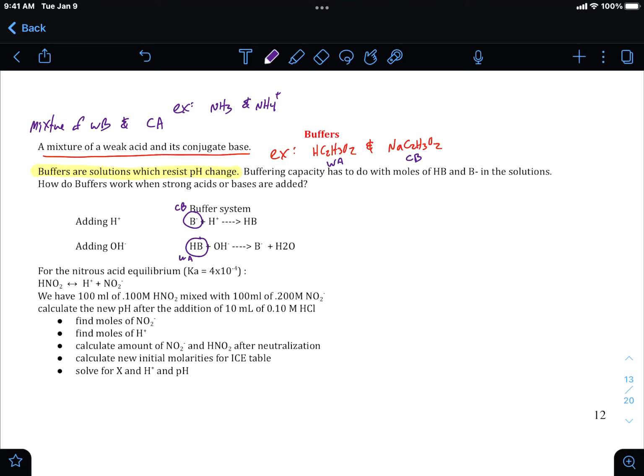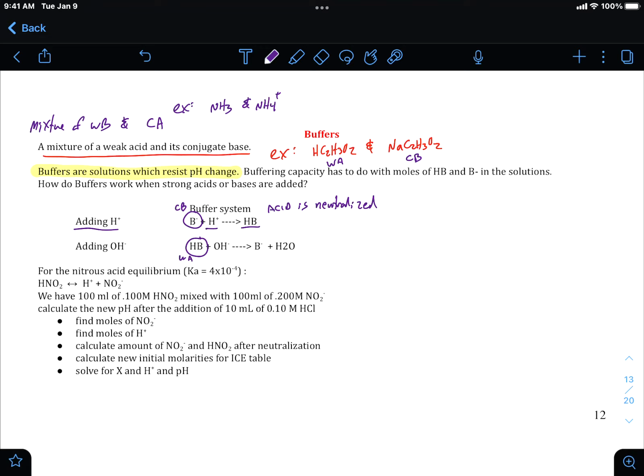So the reason why you need both is because if the buffer encounters an acid, then the acid is immediately reacted with the conjugate base and neutralized. Right, the H plus, because think about what affects pH. It's H plus concentration. So if H plus is added, the H plus is immediately neutralized, and you end up forming HB.